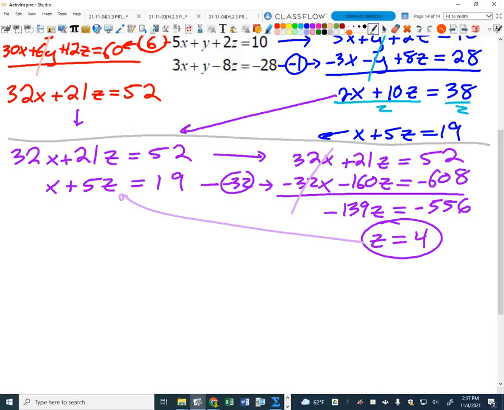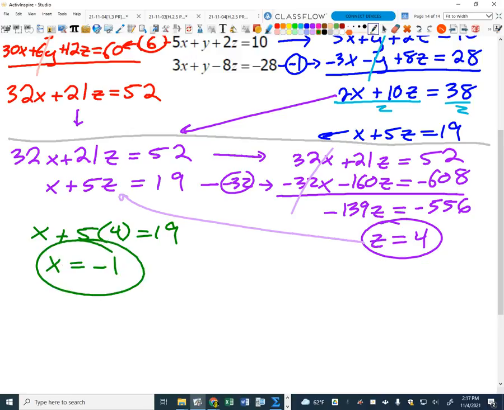So that's going to give us x plus 5 times 4 equals 19. So x would equal negative 1. Everybody agree? Okay. We're 2/3 of the way done. Actually, probably more than that.